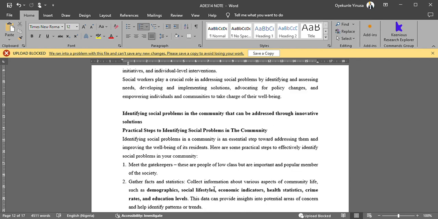When you go into the community, you discover that there are some people that have low class, but they are important in the society. They are very popular members of the society. They know the nitty-gritty of the community. You must be able to fish those people out. They are the ones that will guide you and lead you through the community.